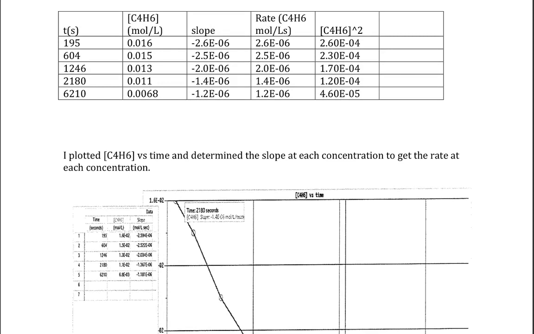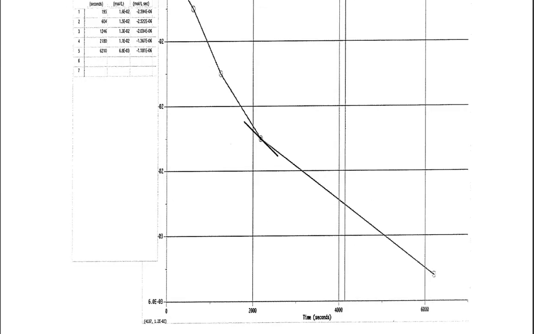Then we have our fourth column, which is the rate of the C4H6 in moles per liter seconds, just the slopes where I dropped the negative sign. I also have a column of the concentration of the C4H6 squared.